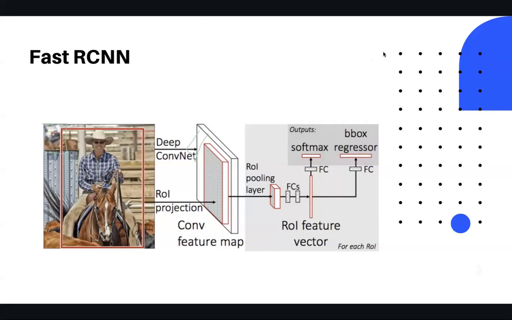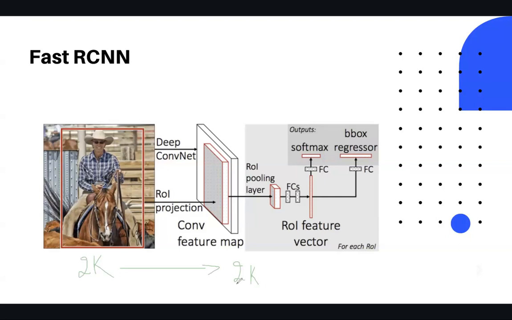Very simple calculation, right? And that's what gives us 2,000 convolutional feature maps from 2,000 region proposals on the image, with almost no significant calculation.